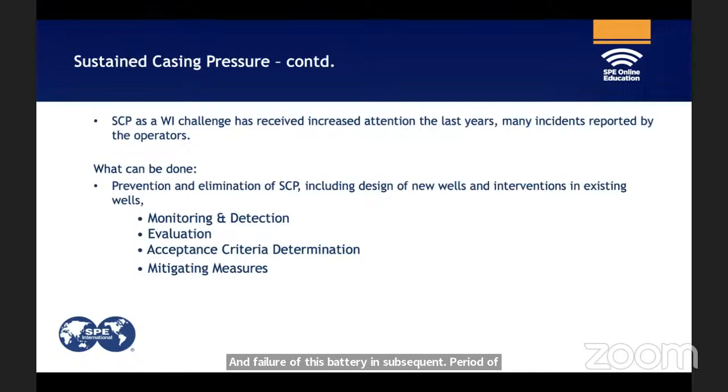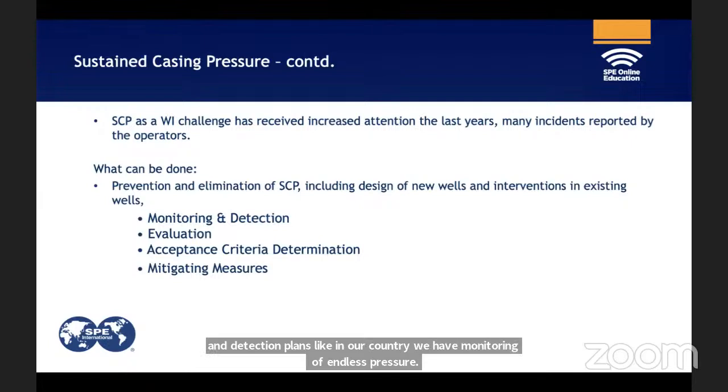So it's a well integrity challenge, and it has been a focus of most of the operators and regulators. There have been several regulations from the US, Eurozone, and Canada on how to manage sustained casing pressure. So there are mandatory monitoring and detection plans. Like in our country, we have monitoring of annulus pressure at least once a month.